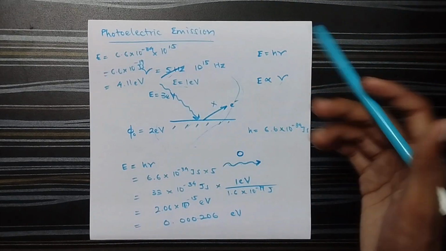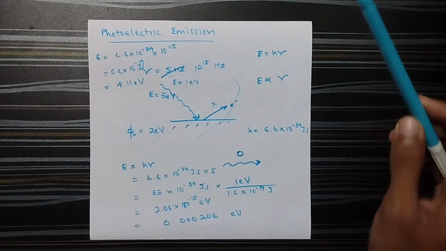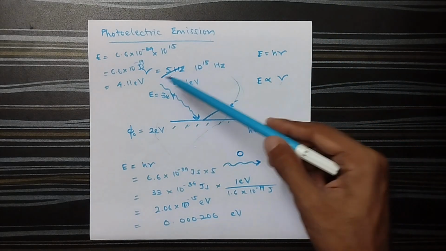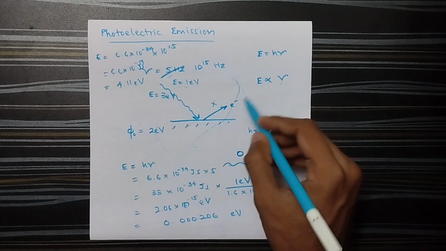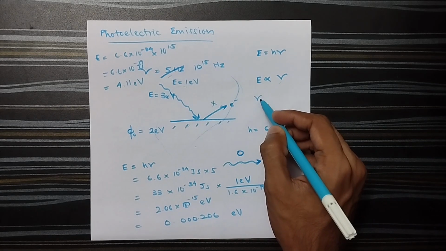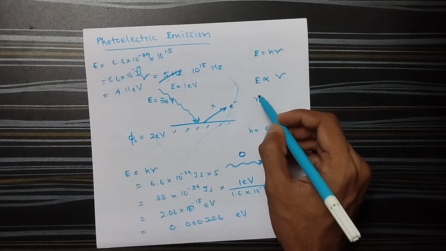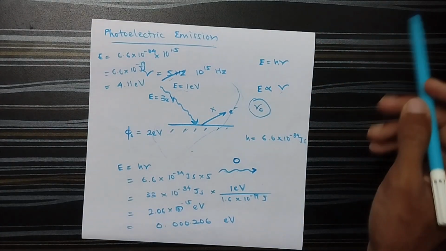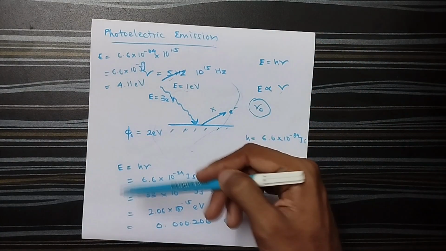So in the case of photoelectric emission, we never say work function, we say threshold energy. And the corresponding frequency for that energy is called threshold frequency, denoted by nu naught, right? Threshold frequency nu naught, and threshold energy is phi naught, okay?